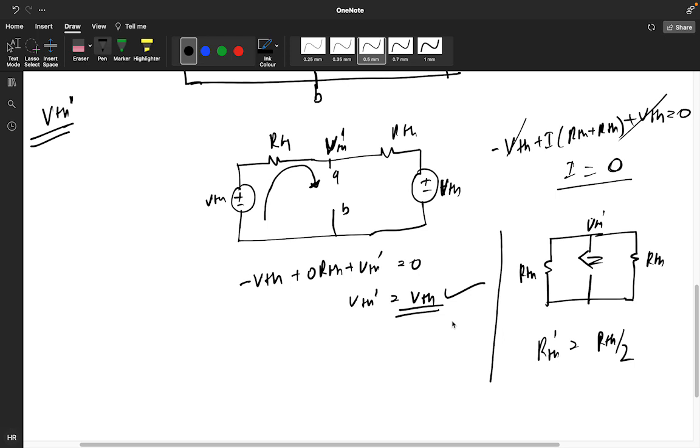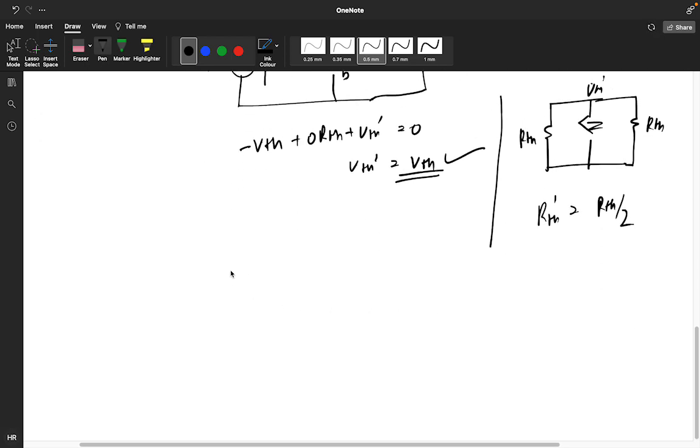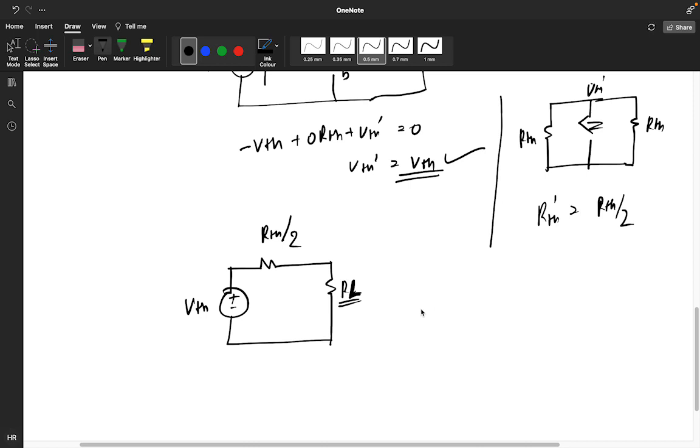So you got the equivalent circuit: RTH by 2, and this particular is positive negative VTH only, and this is your RL network. So what will be the current I? Current I will be VTH divided by RL plus RTH by 2.